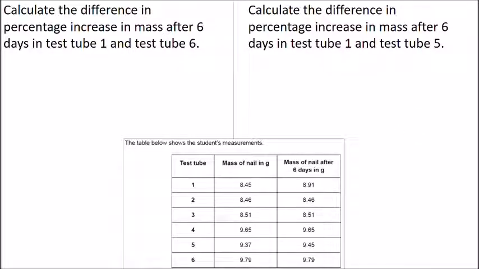The reason I've made that subtle change is that pupils can now use my calculation of the percentage increase in test tube 1 from my previous answer, but they still have that independent work for test tube 5 that I haven't calculated for them.